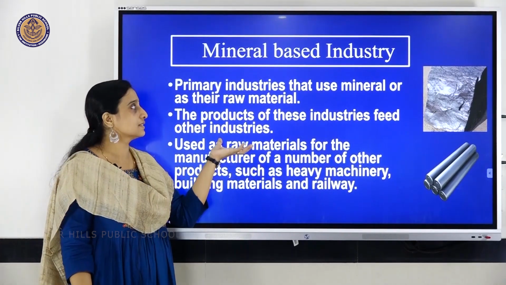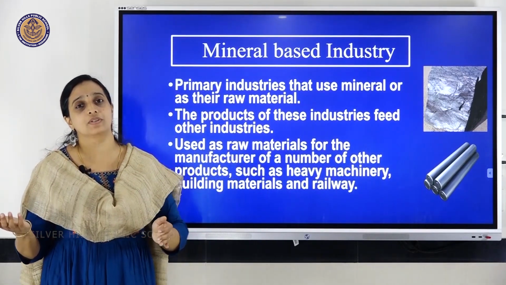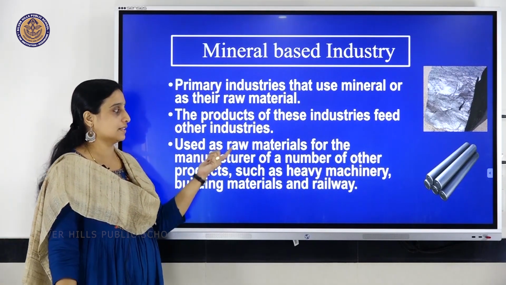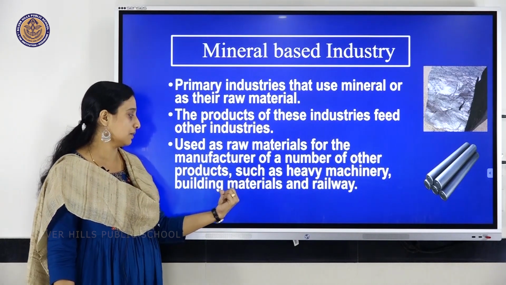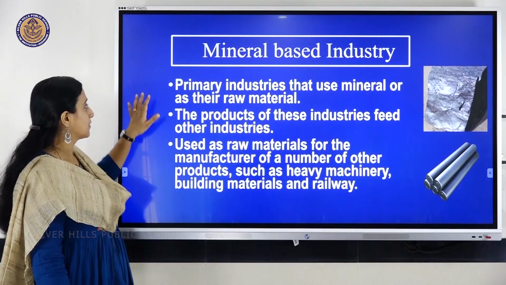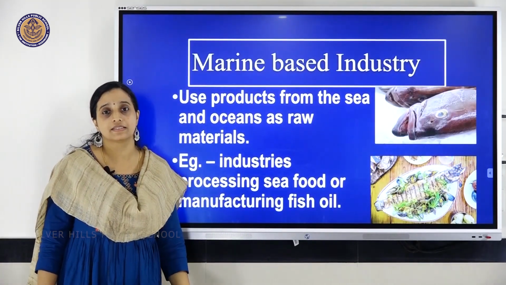So the iron and steel industry, or any mineral-based industry, also supports many small-scale industries. The raw materials are used in the manufacture of a number of products such as heavy machinery, buildings and railway coaches.